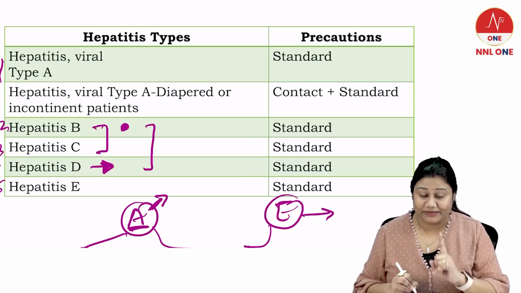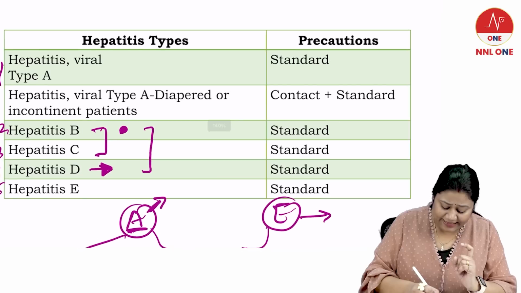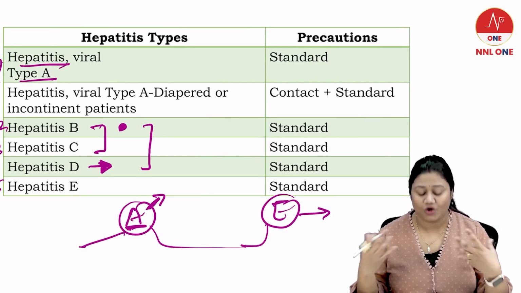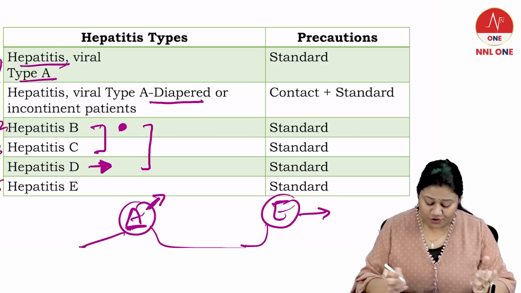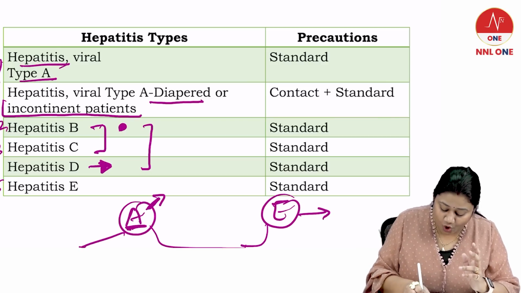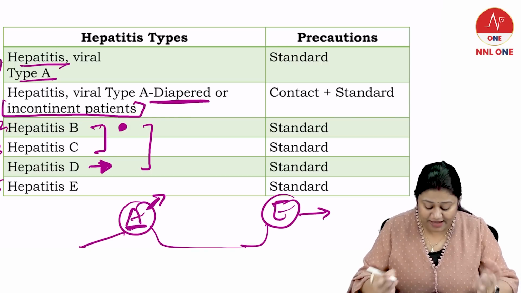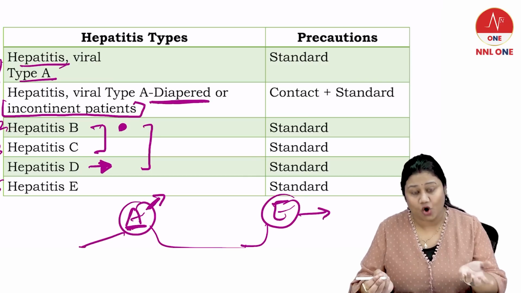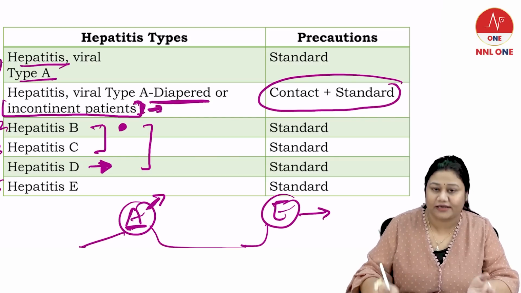So in case of hepatitis A infection, remember this: if the hepatitis A patient does not have any form of incontinence, or in case of a child, if there is no use of diaper, then we apply only standard precaution.